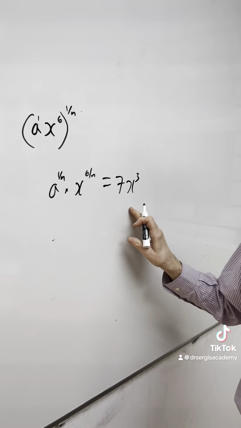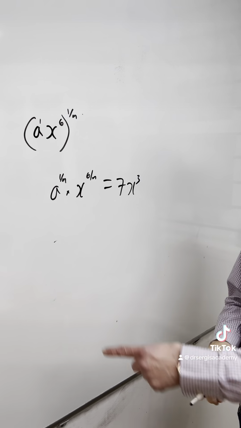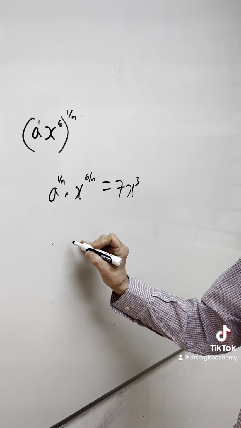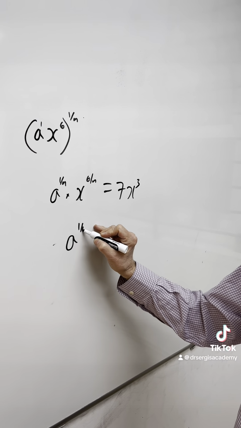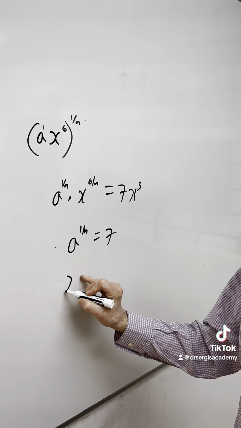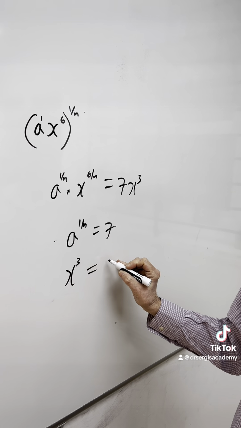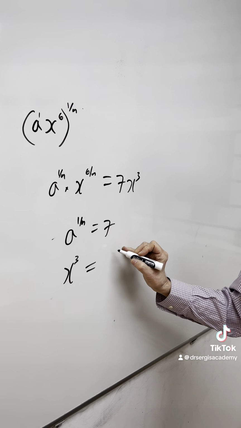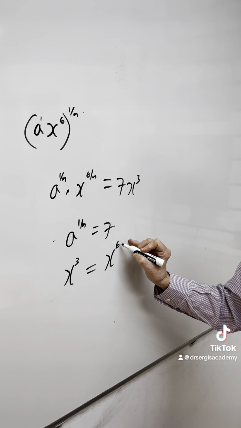Now, comparing like with like, to ensure that the left-hand side equals the right-hand side, because it's an equation, we're looking at a to the power of 1 over n is 7, and x cubed must be equal to x to the power of 6 over n.